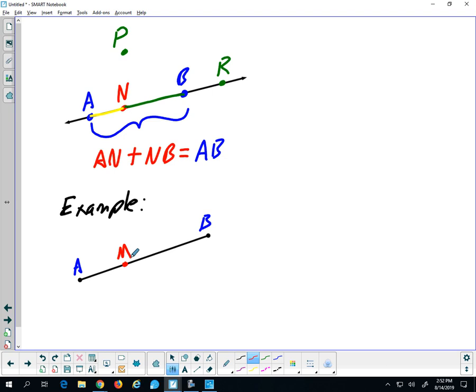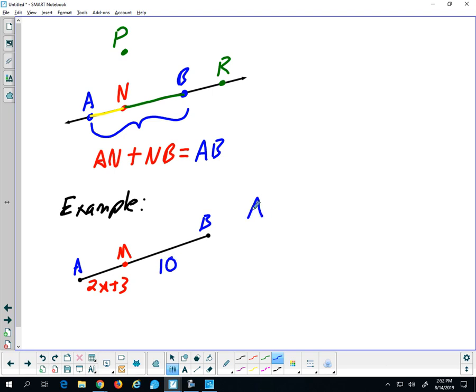So from A to M, we're going to say the distance is 2x plus 3. And then the distance from M to B, I'll put it in a different color, we're going to make it 10.